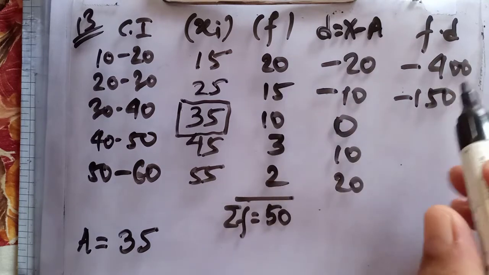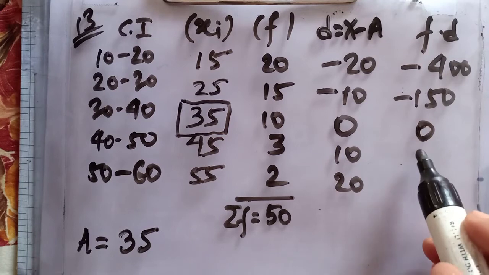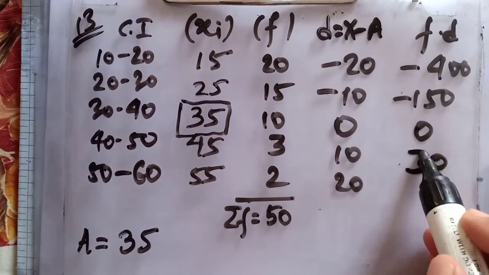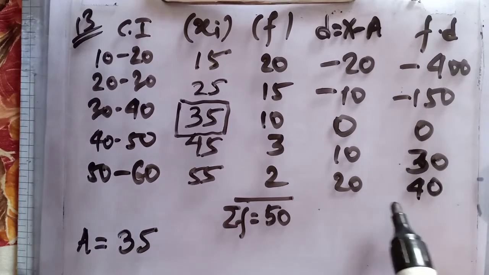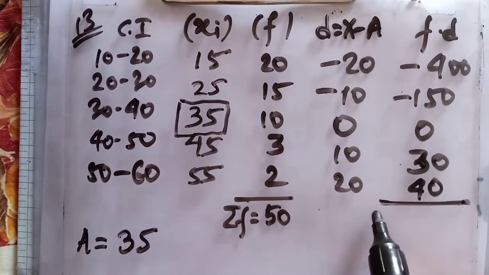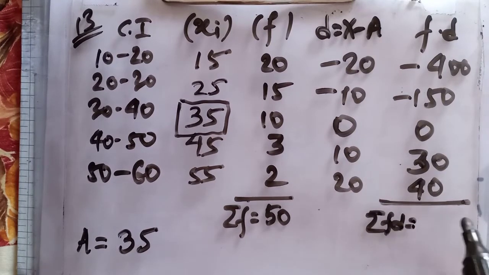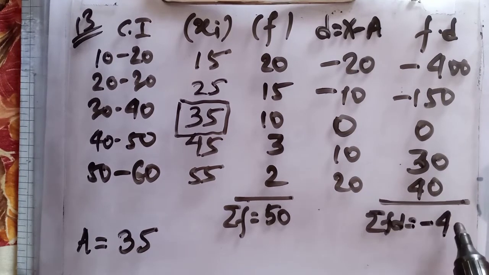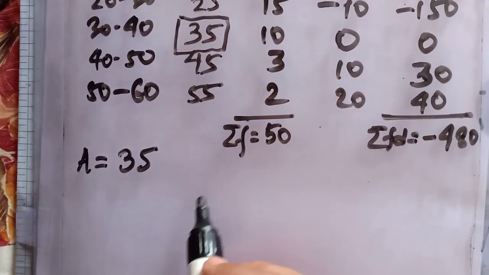So minus 150, then you have 0, then you have 30, and then you have 40. So if you sum them up, summation fd is minus 480.